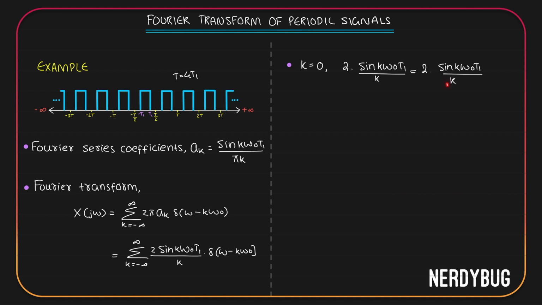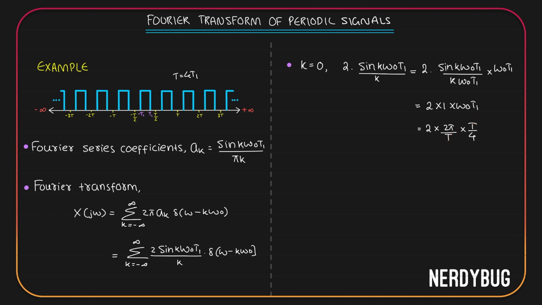If I have k omega naught T1 in the denominator also, then this will be of the form sine theta by theta. To get that, I will multiply it with omega naught T1 and divide it with omega naught T1. Now if we apply limit, this will become 1. So what we will have is 2 into 1 into omega naught T1, that is 2 into omega naught, which is 2 pi by time period, multiplied by T1, which is T divided by 4.